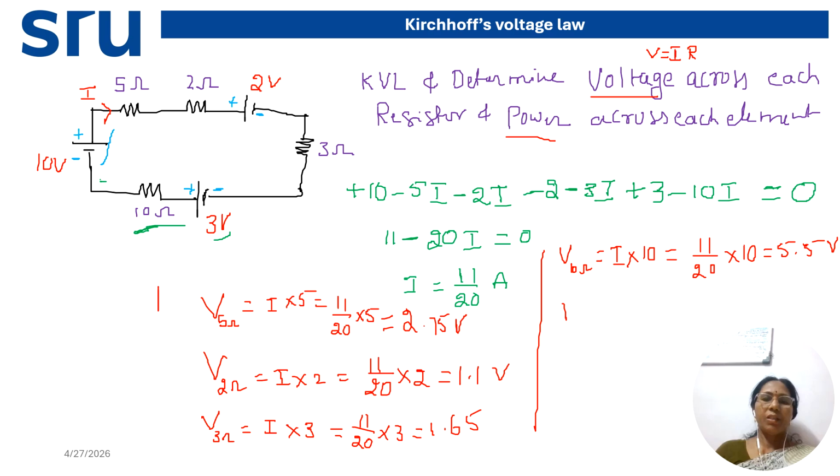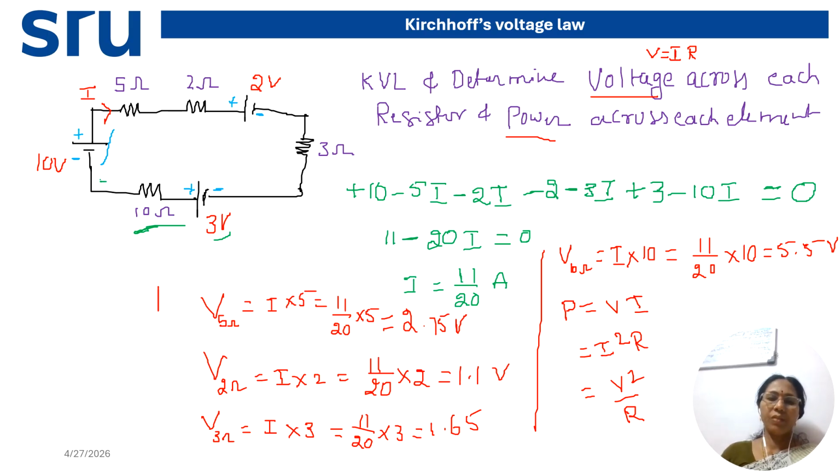Let me write the power equation: P equals, in terms of voltage and current, V into I. In terms of current and resistance, it is I square R, or in terms of voltage and resistance, it is V square by R. So there are three different forms of power equations, and based on the data available, you have to select the particular equation, whether this is VI, I square R, or V square by R. Now let us calculate power across every element, whether that is power delivered by the voltage source or power consumed by resistance.